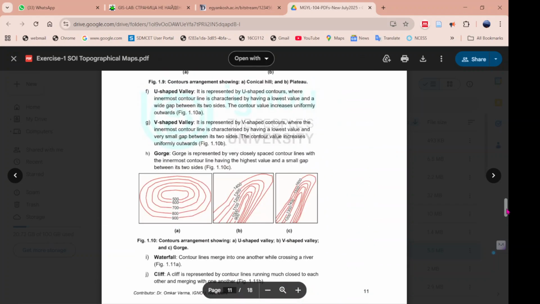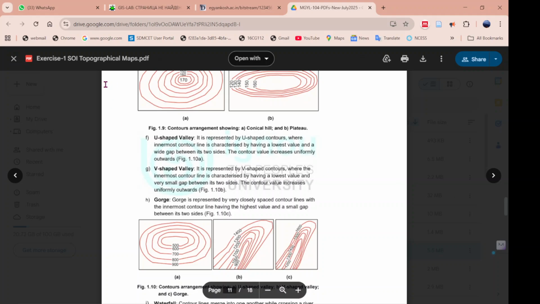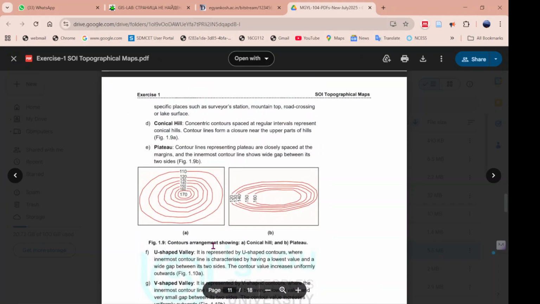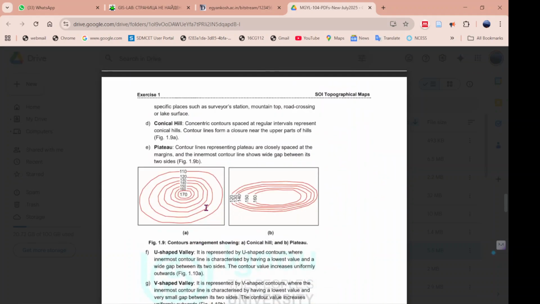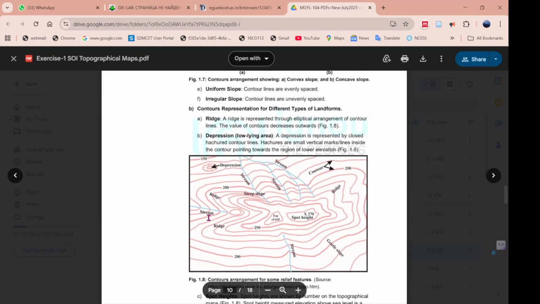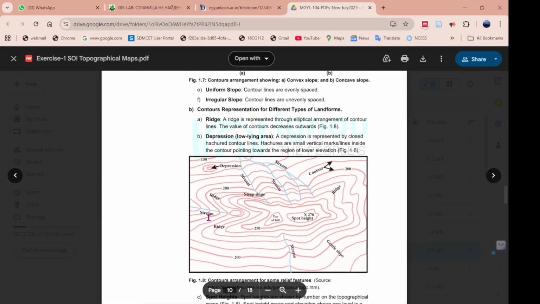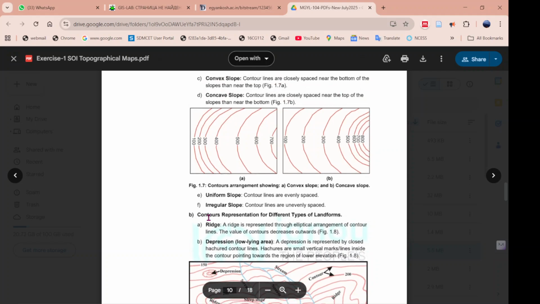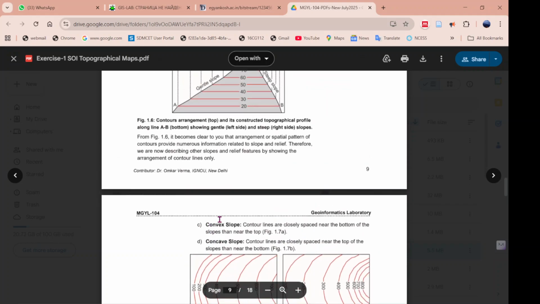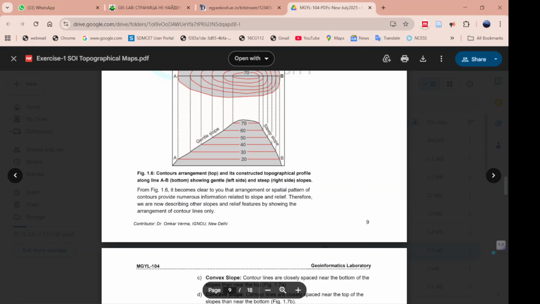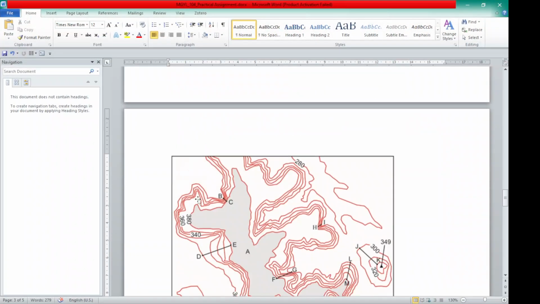They seem to be mesas and buttes to me, but that is not mentioned in this particular manual.